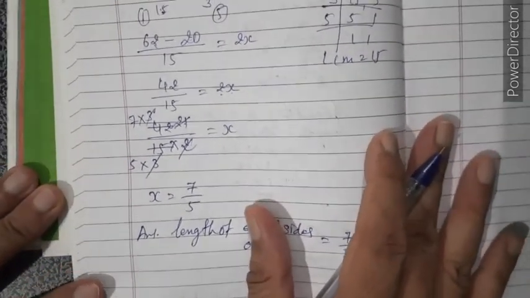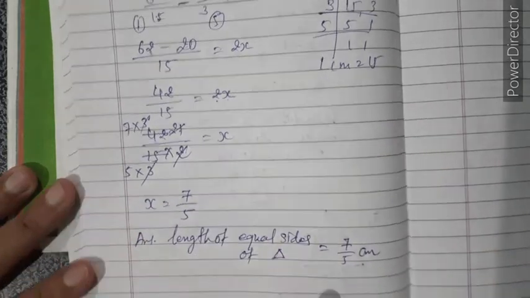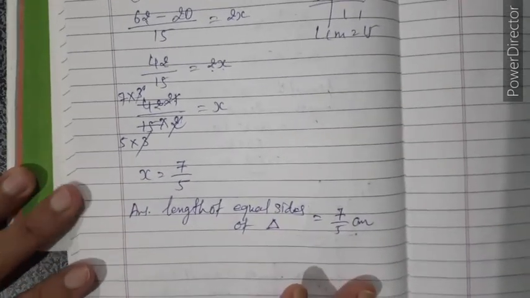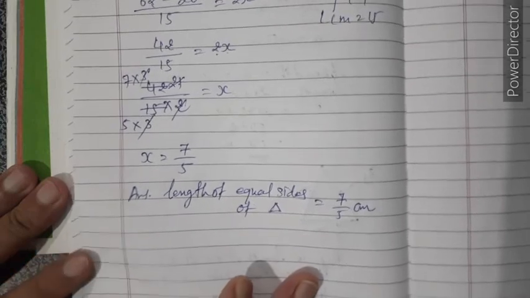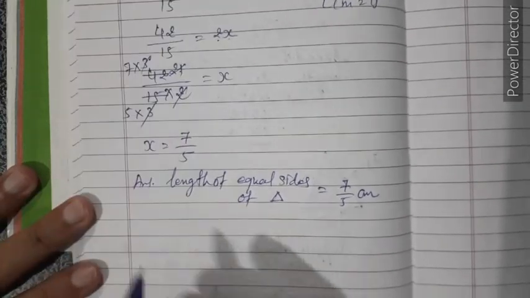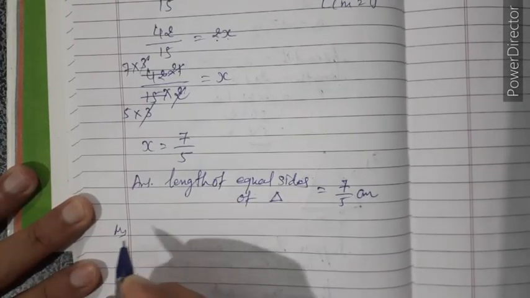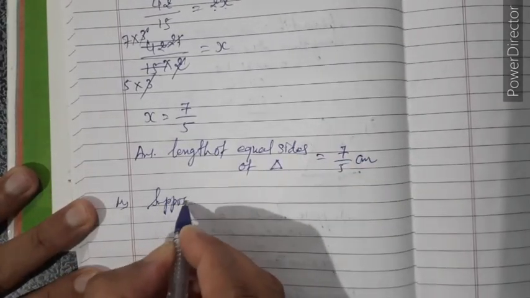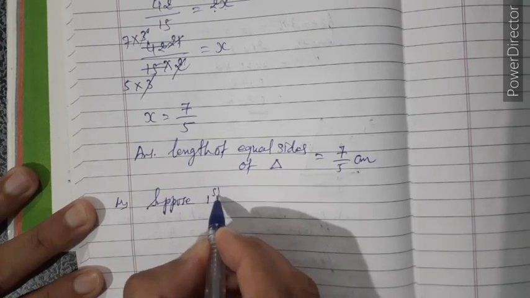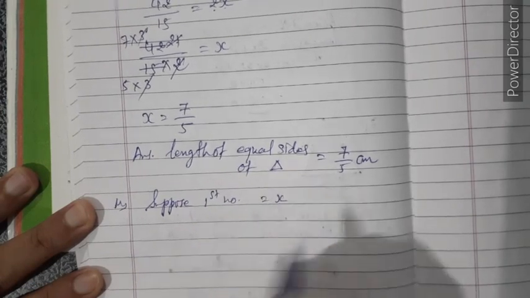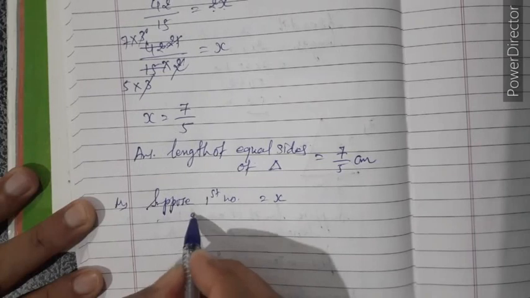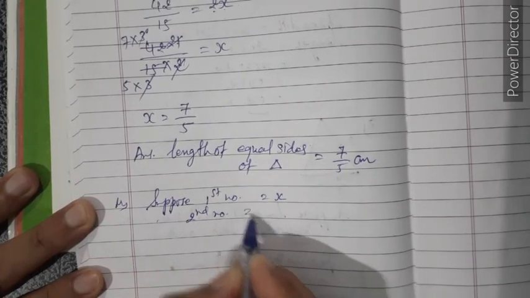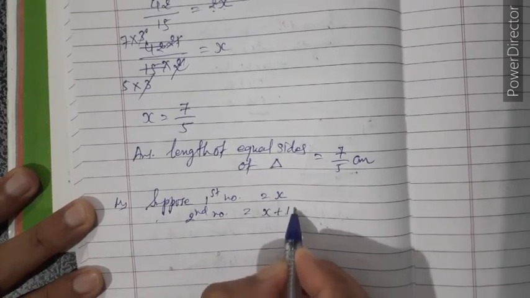Fourth one. Okay. The sum of two numbers is 95 and one exceeds the other by 15. Okay. So suppose the first number equal to x. So the second number equal to x plus 15.